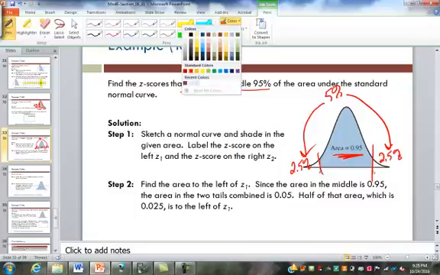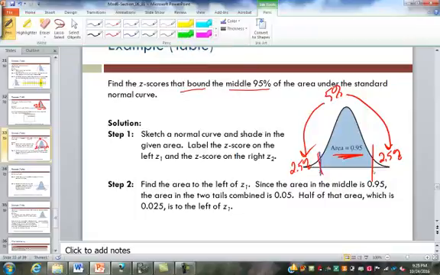Now if I want to find this point here, I need this area, and that area is the 2.5%, or 0.025. If I want to find this value here, I need this whole area, which is 100% minus 2.5%. In other words, 97.5%, or a probability of 0.975.